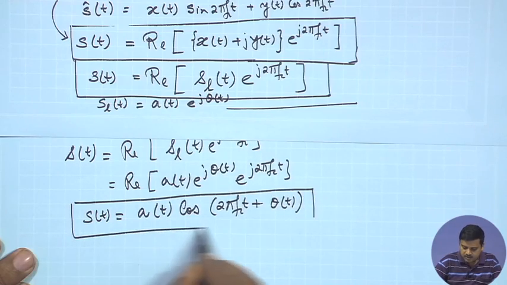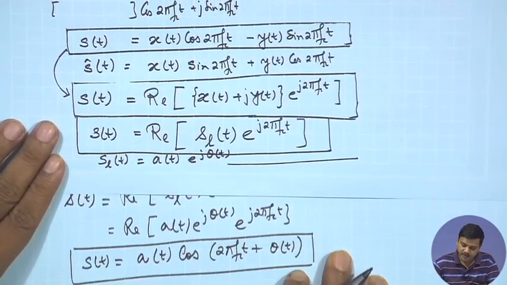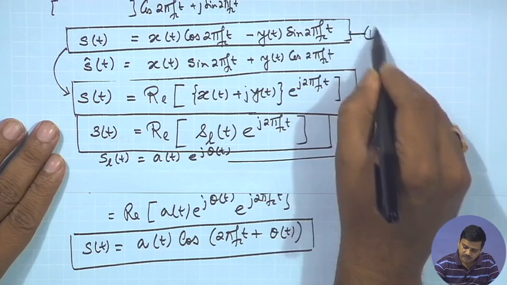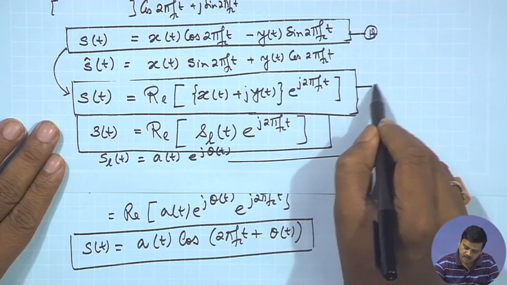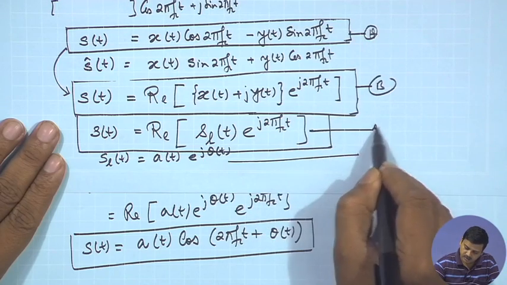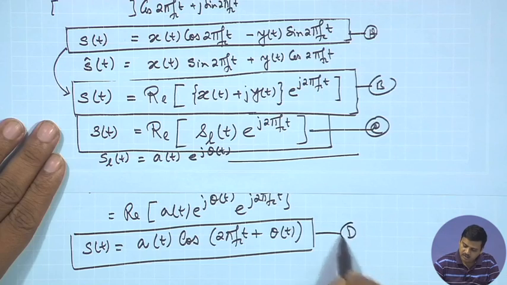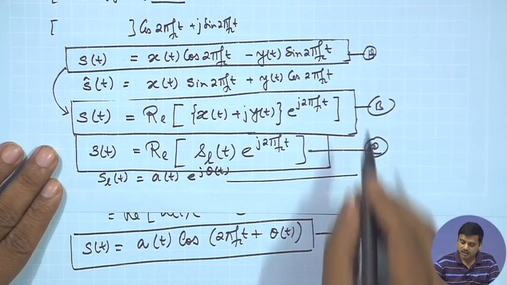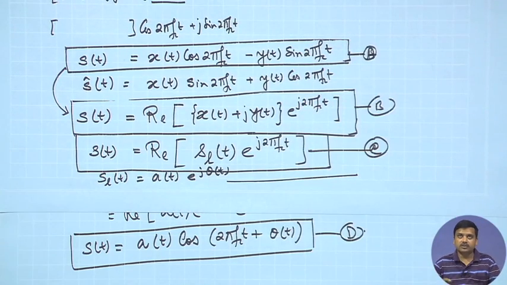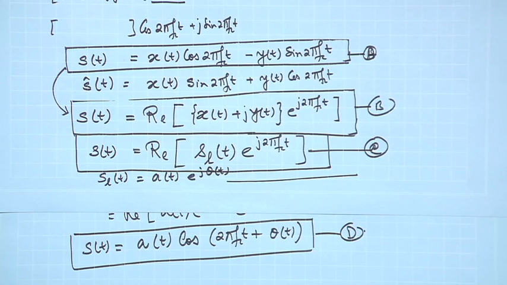So, these few expressions as we have over here, we can mark as A, B, C and D, are some of the important relationships that we require in representing the low pass equivalent form for a band pass signal.